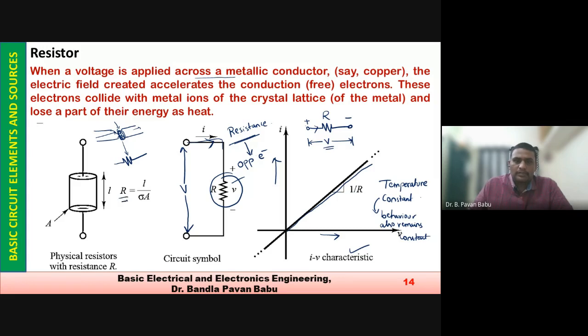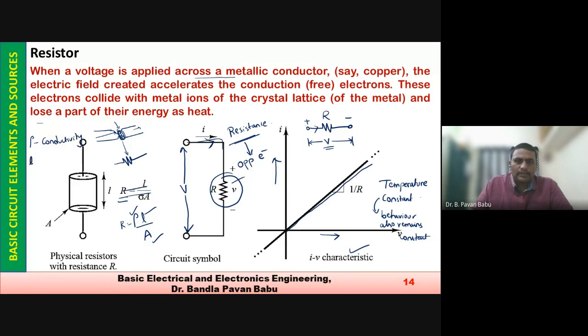How can we calculate it? R equals rho L by A. Here rho is the conductivity, L is the length of the conductor, and A is the area of cross section.